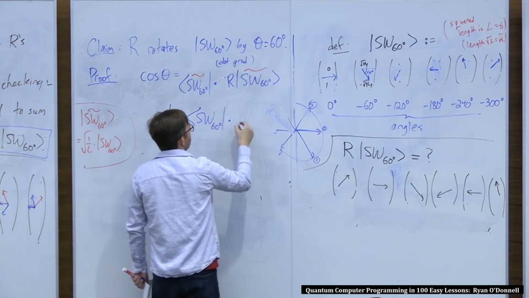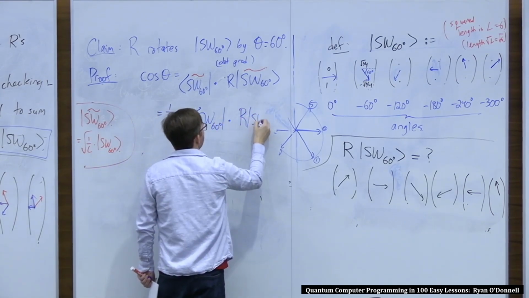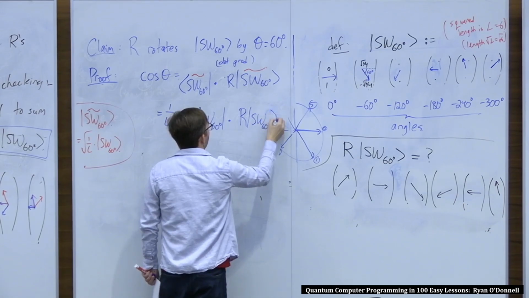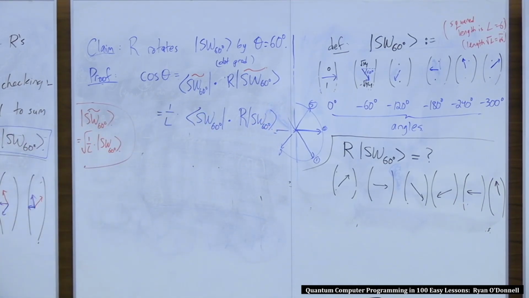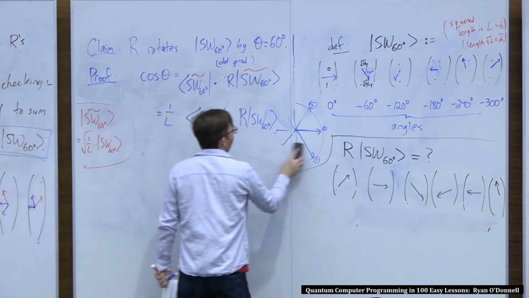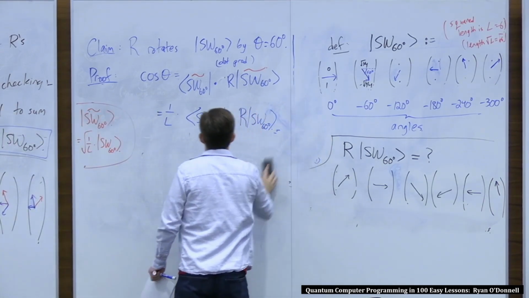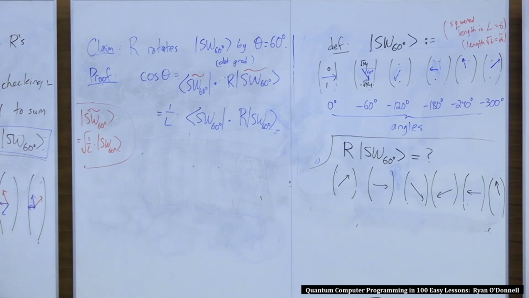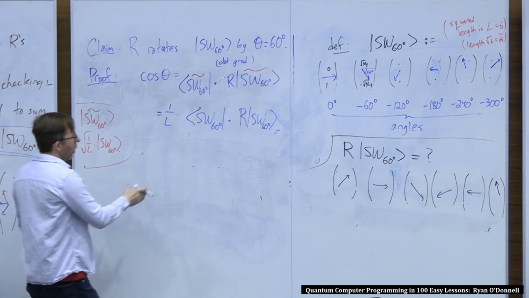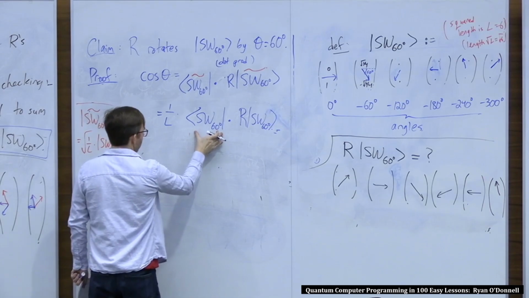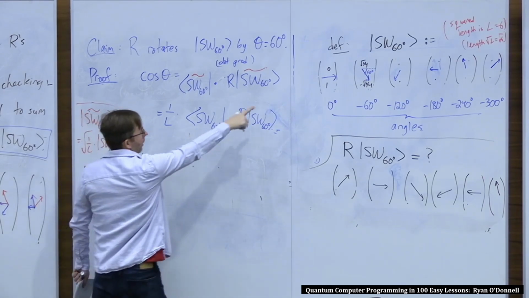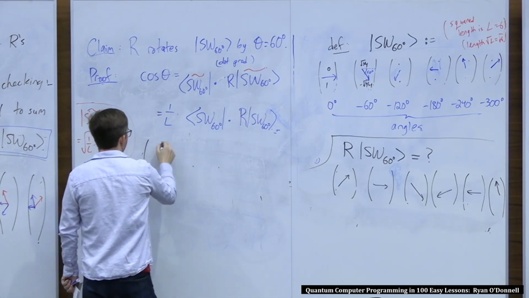So the dot product of the steering wheel vector and the steering wheel vector with R applied. Okay, and now again, we can just endeavor to do this. So we're dot producting two vectors, this vector and this vector. So let's just write them down. We're dot producting this vector, which is right there. I'll try to draw it again.